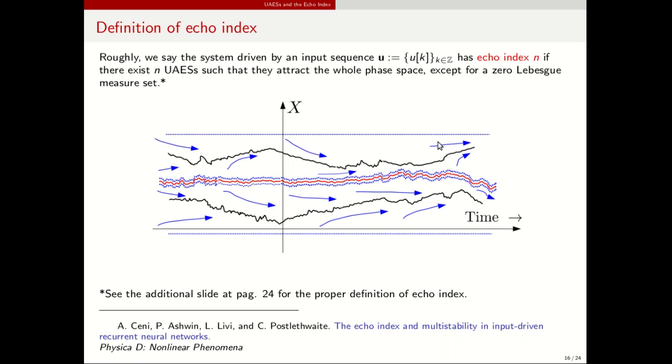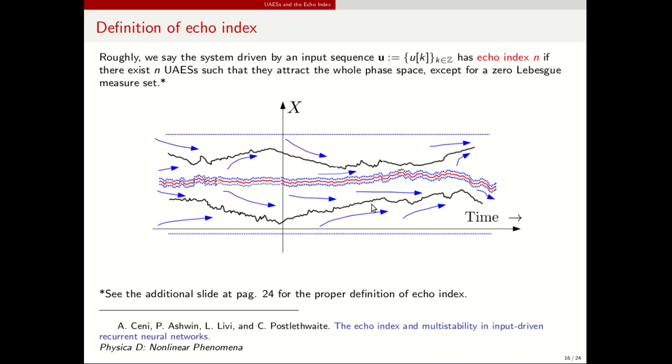So I think that this picture is quite self-explaining. The black trajectories are the uniformly attracting entire solutions, and the blue arrows describe the vector field of this dynamical system, which suggests the convergence towards the black trajectories.